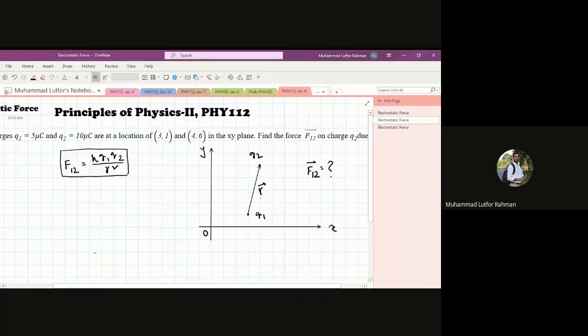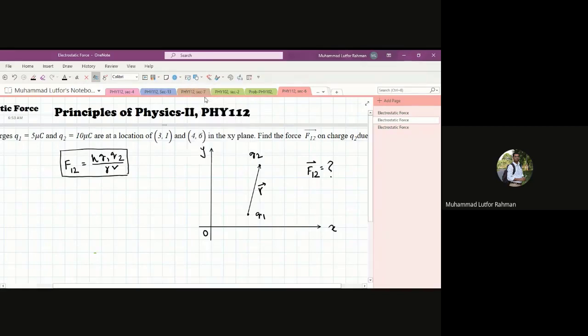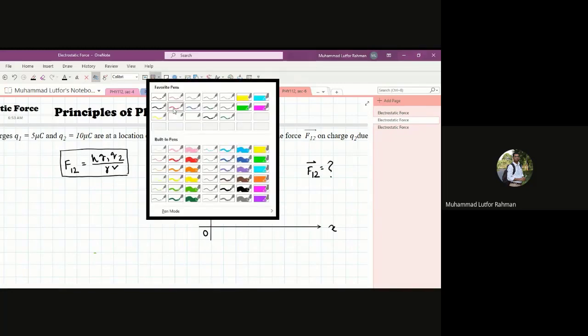If you know a vector A in the two-dimensional or three-dimensional case, then you can find the magnitude of that vector. Same idea we are going to use here. But how will I find it? I know two other position vectors, R1 and R2. I can use a different color.